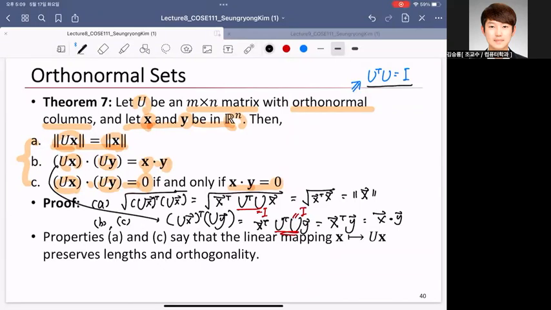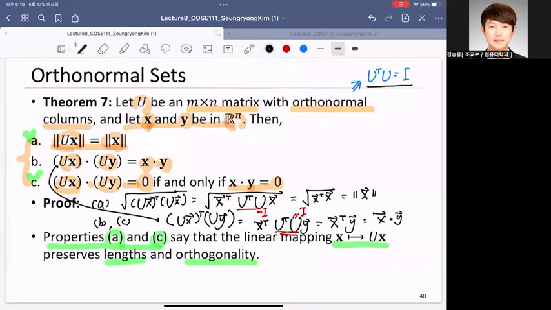This is theorem 7. In fact, the properties A and C say that the linear mapping X to UX preserves length and orthogonality. So what does it mean?